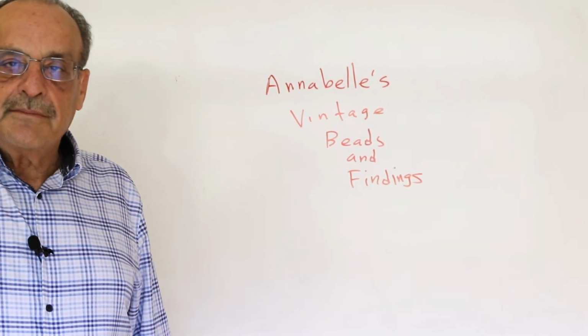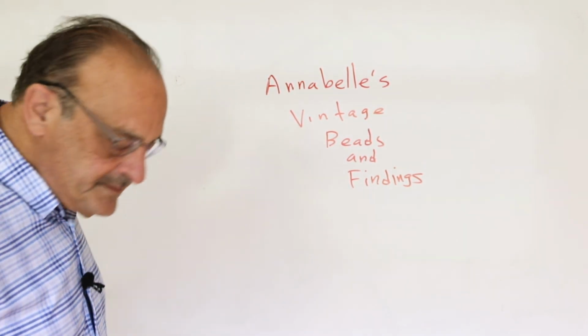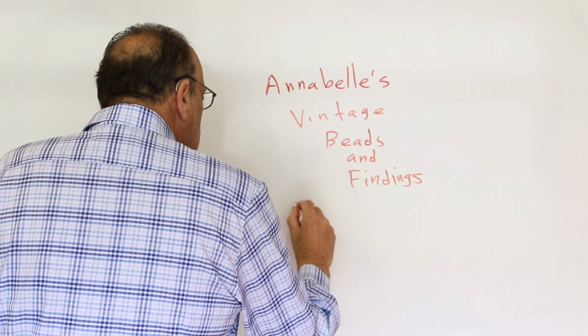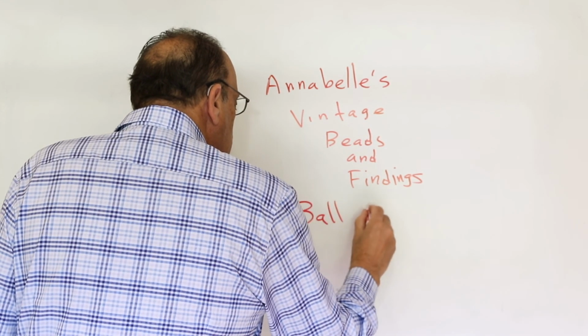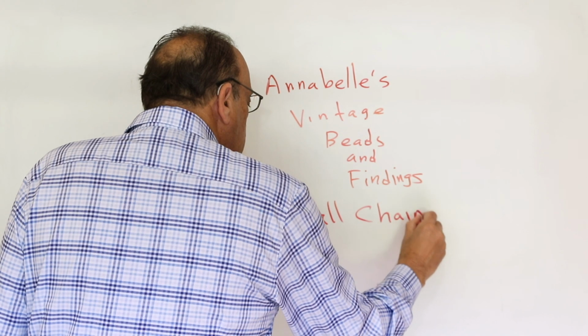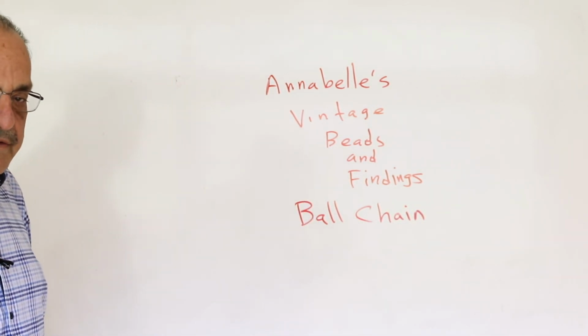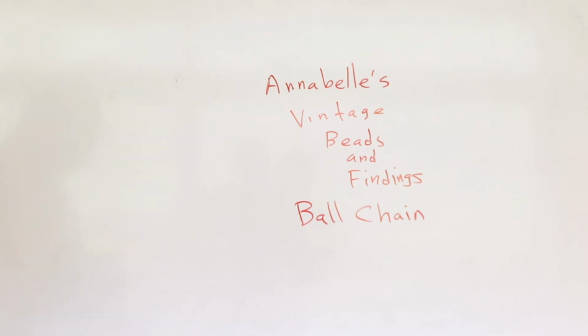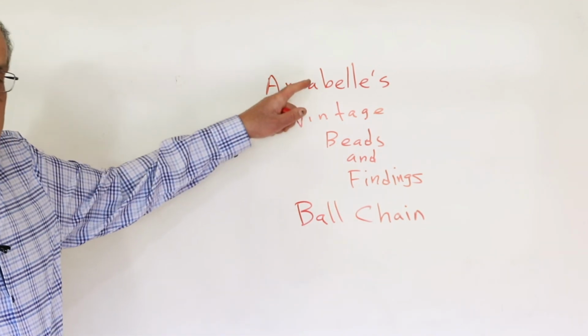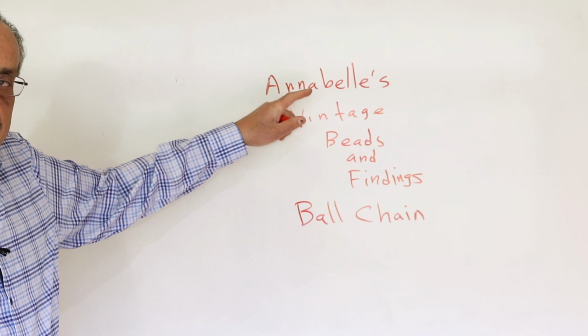I string the beads on ball chain, which you can buy on Amazon, and also the connectors you can buy on Amazon. And you can also buy plastic sealed bags at Annabelle's to store the beads in.